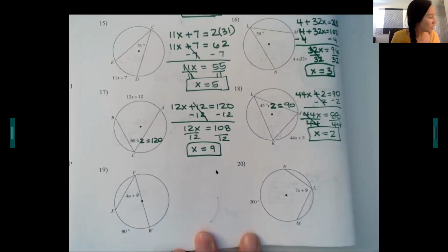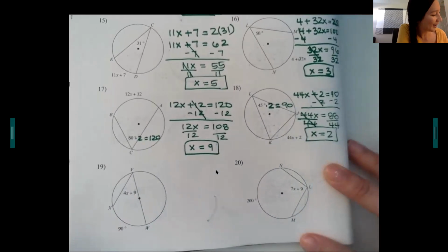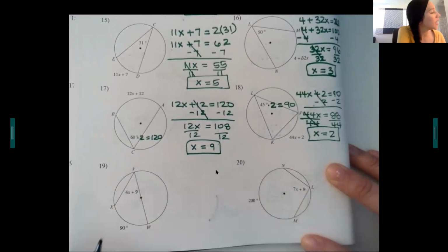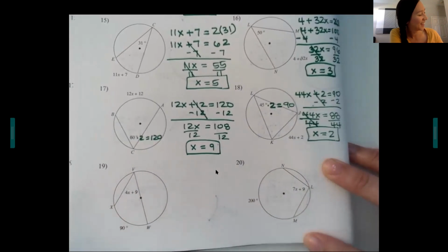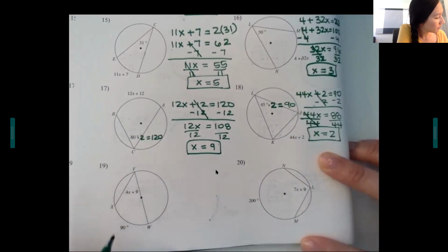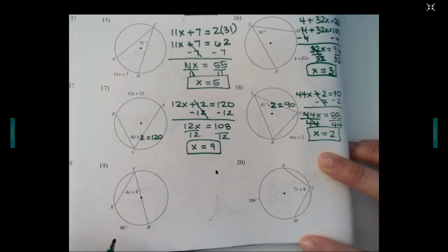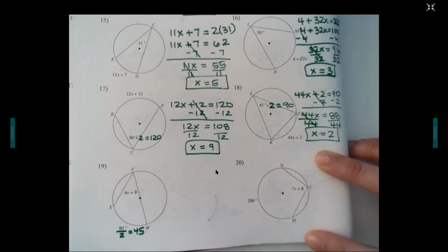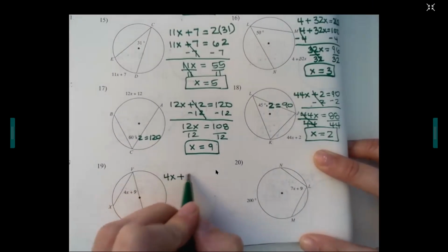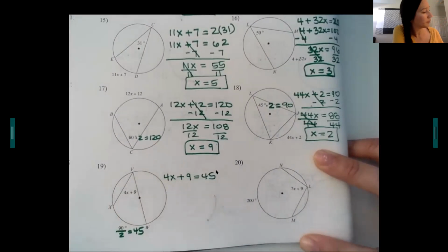And then Elijah, you said you had 19? No, I had 20. Oh, you had 20. Okay, so then Jose, 19? Yeah. Okay, first, I did 90 divided by 2, and then I got 45. Then I did 4x plus 9 equals 45. Very good.